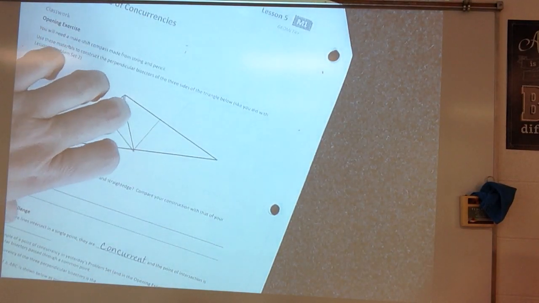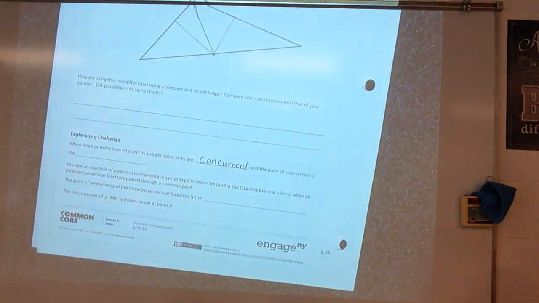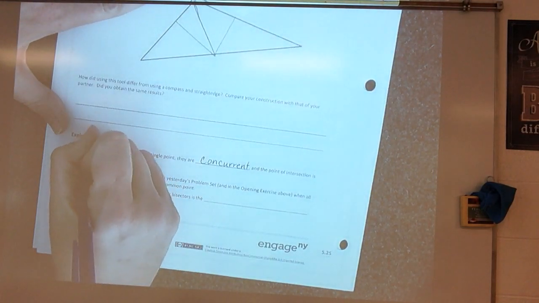So when 3 or more lines intersect in a single point, they are what we call concurrent. And the point of intersection is the point of concurrency.